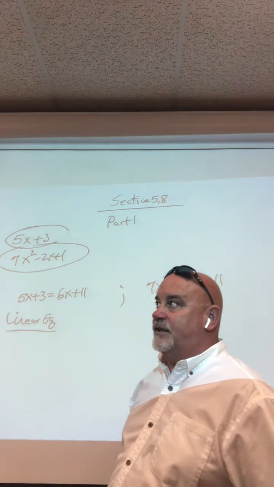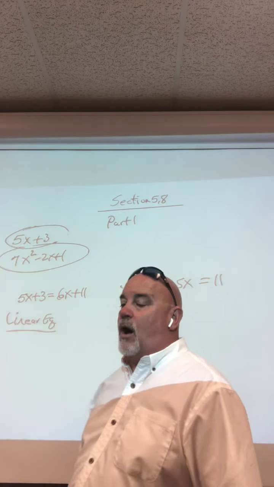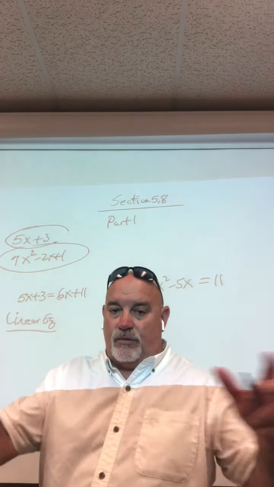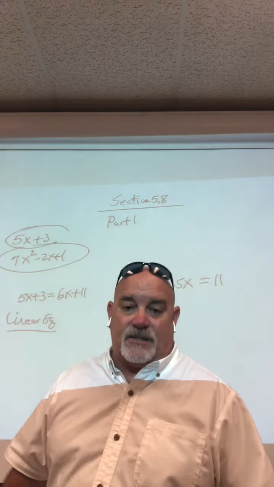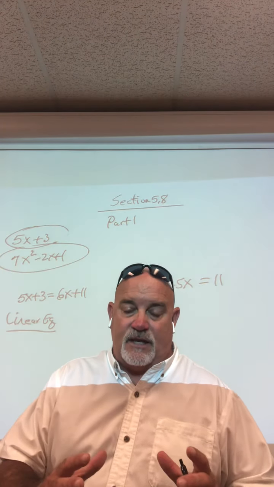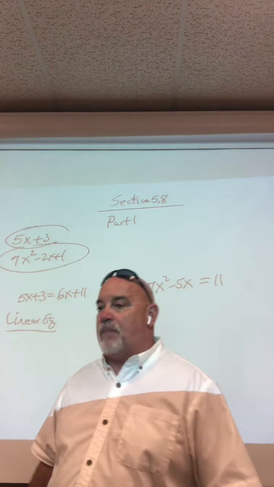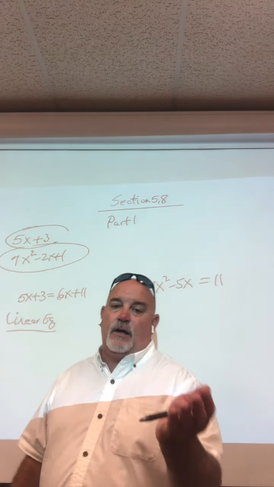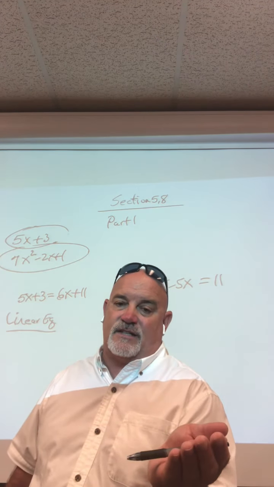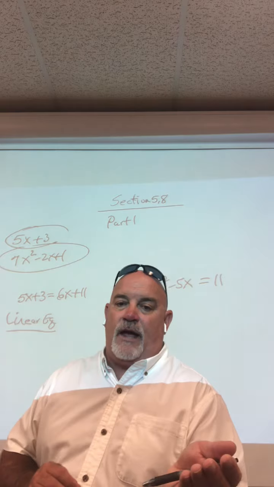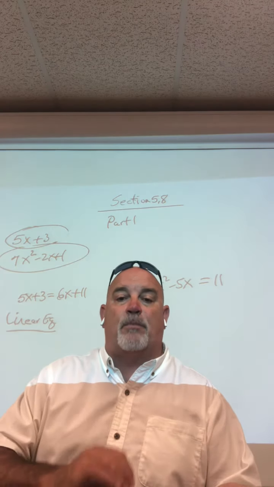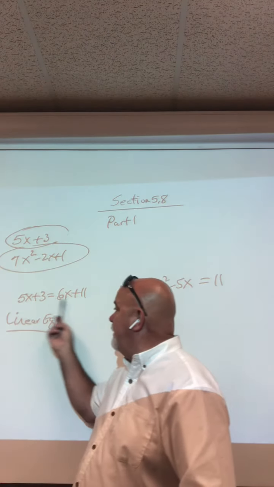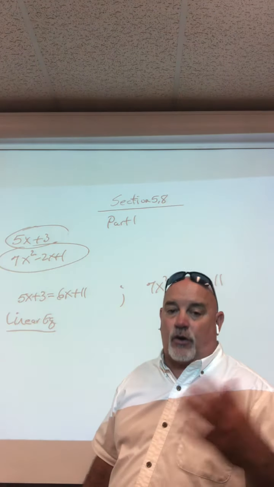Let me use this analogy with you. If I say the word ball, that's a broad topic. But if I use the word baseball, that's a lot more specific. Now, is a baseball a ball? Yes. But if I held up a baseball and I said, what is this? If you said ball, you would be correct. If you said baseball, you'd be more precise. So if you call this a polynomial equation, you're correct.